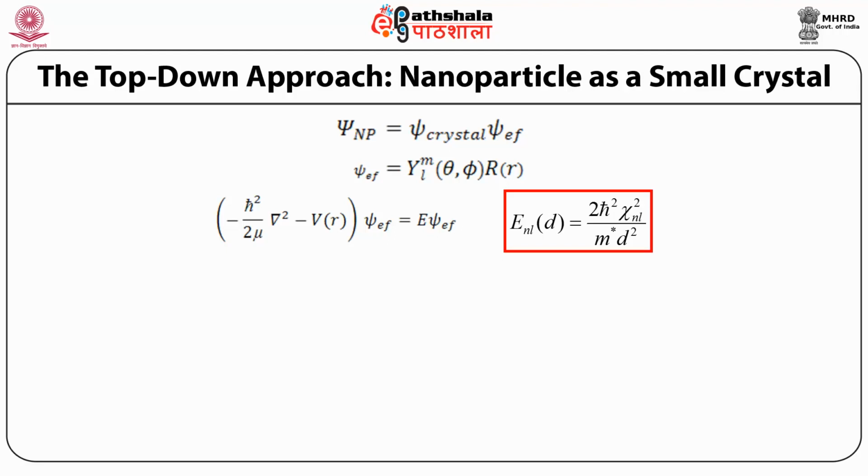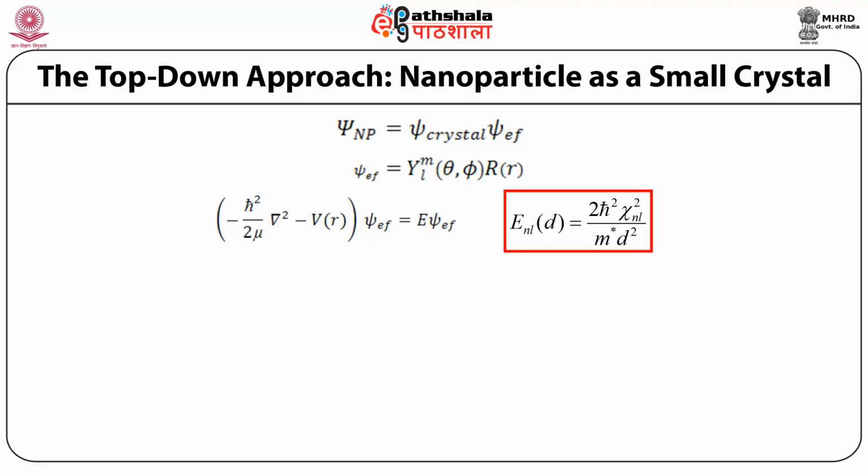So the envelope function psi EF can be obtained from the solution of the Schrödinger equation for a particle in a spherical quantum well. The eigenfunctions can then be best described as the product of spherical harmonics, Y LM as a function of theta phi, and a radial Bessel function R(r).